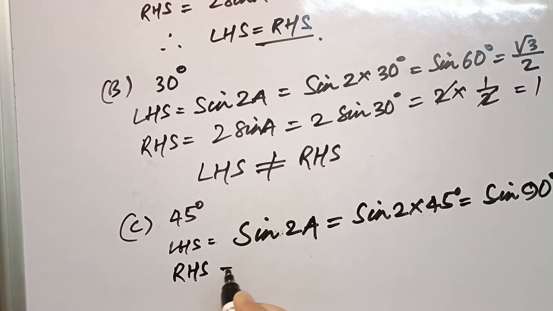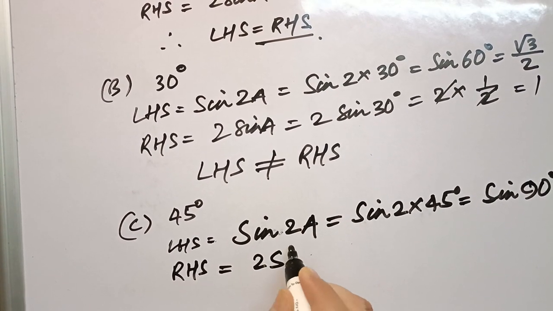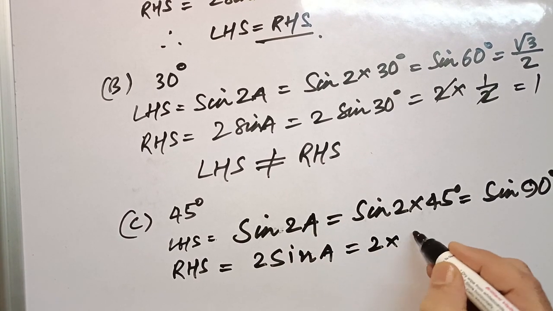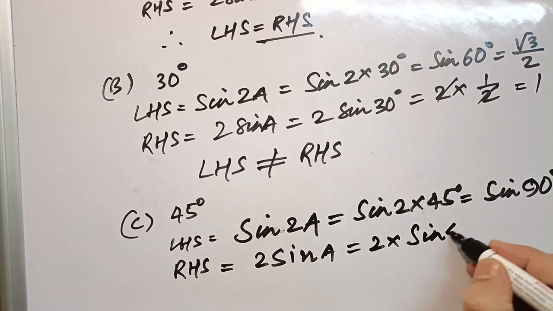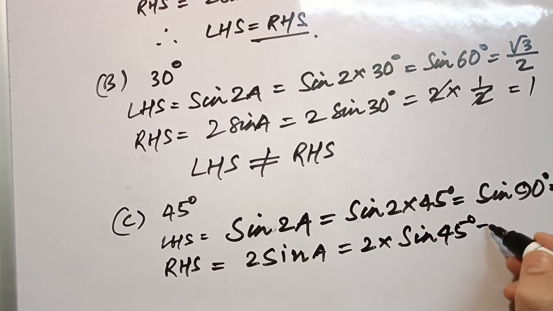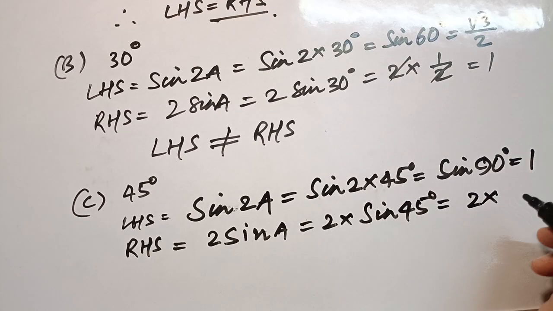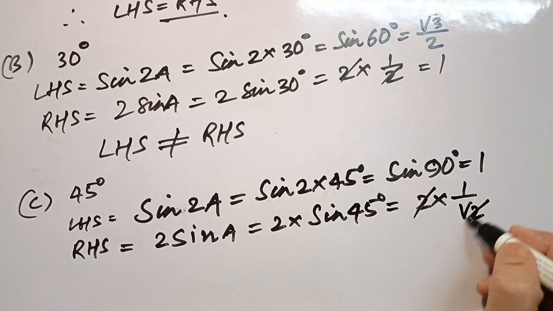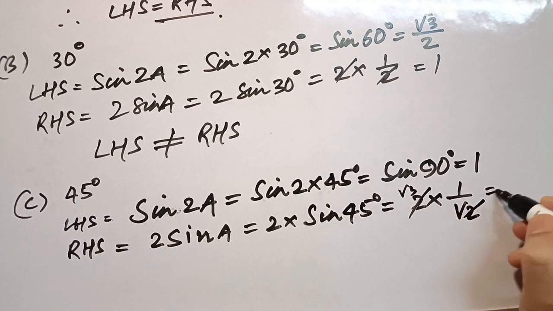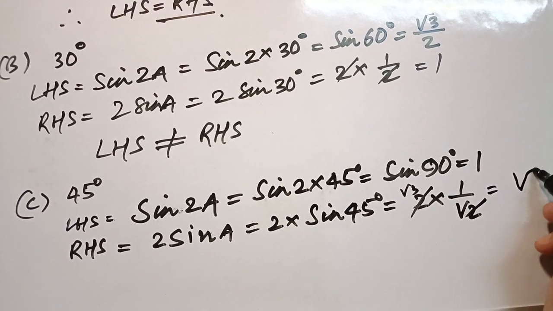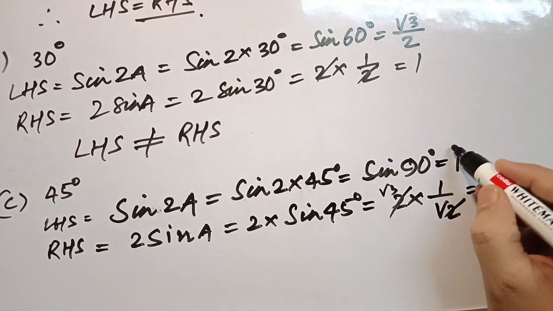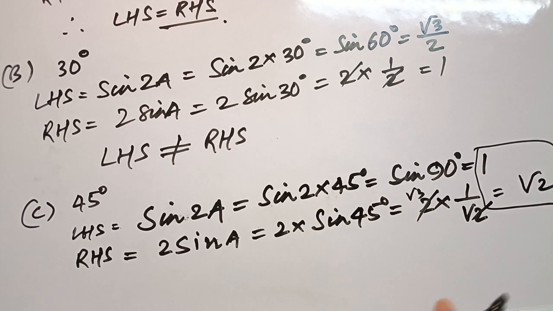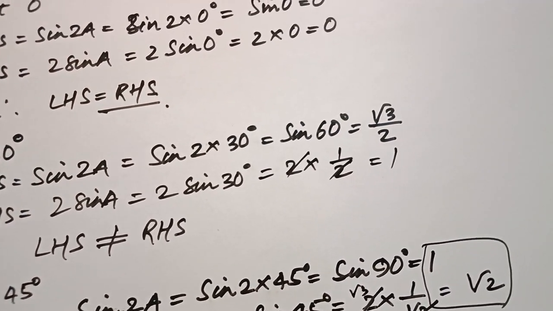Right hand side will be 2 sine A, 2 into sine 45 degree, and the value of sine 45 is 1 by root 2. If you cancel these two, you will get root 2. The left hand side and right hand side are not equal. So option 3 is also not correct.